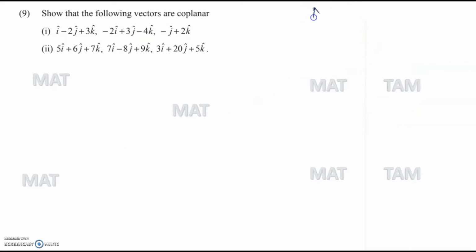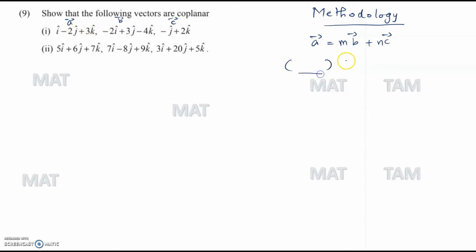We define the vectors A, B, and C, and we assume that vector A can be written as m times vector B plus n times vector C. Then we substitute the values of vector A, B, and C, and take the coefficients of i cap from both sides.